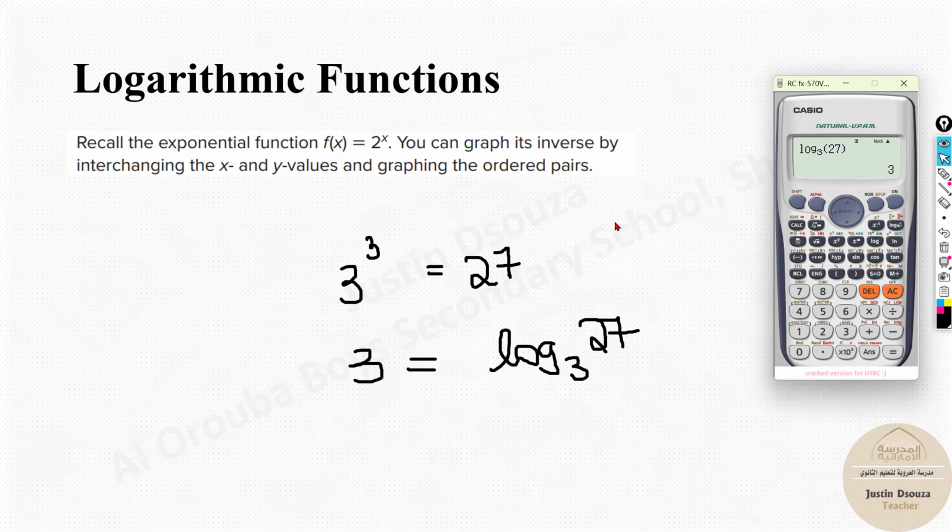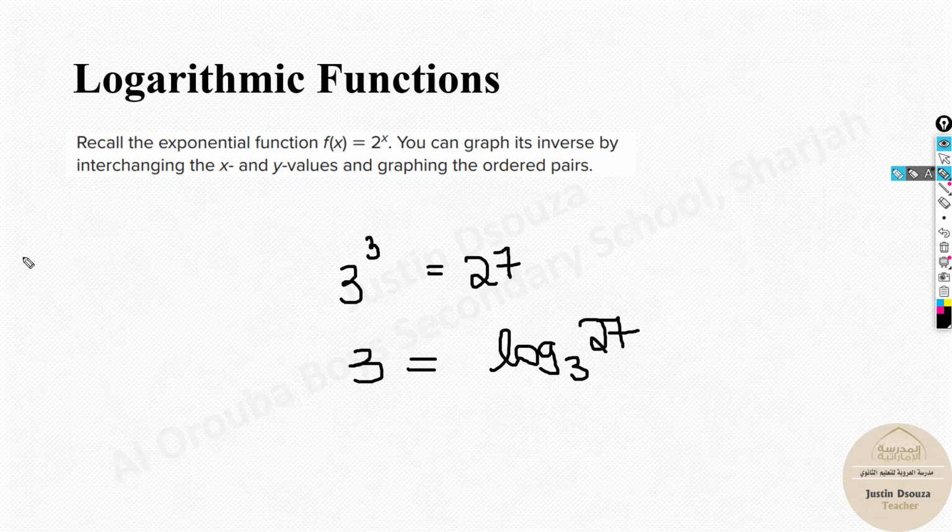Now, this is a simple problem, isn't it? What if it's a very complicated number? Say you need to find what power of 2, 2 to the power x, gives 32.